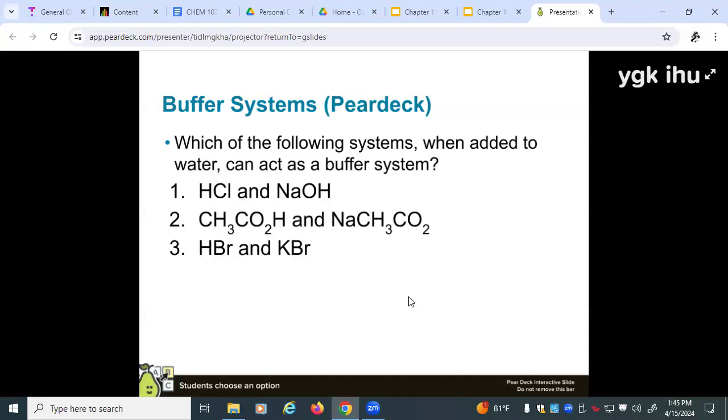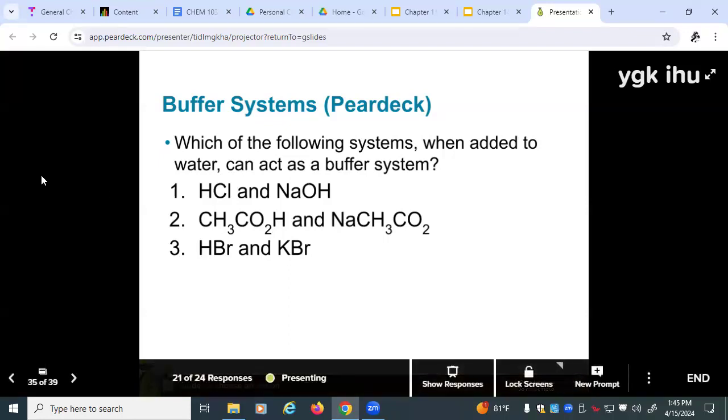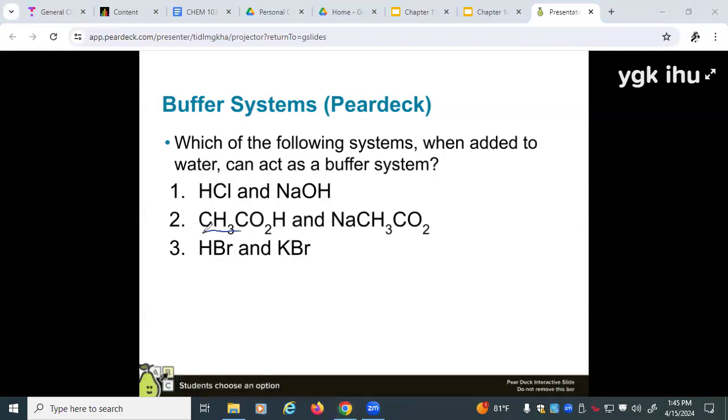And the thing that we should be able to pick out and notice is that with this compound, I can see that there is a common thread. The CH3CO2 is common to both substances. The only difference between them is a hydrogen.